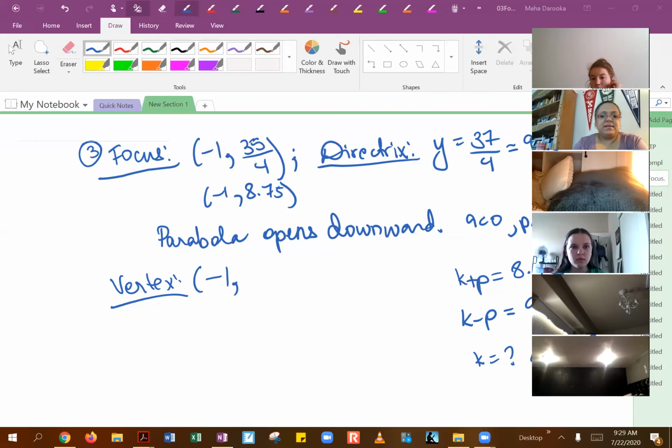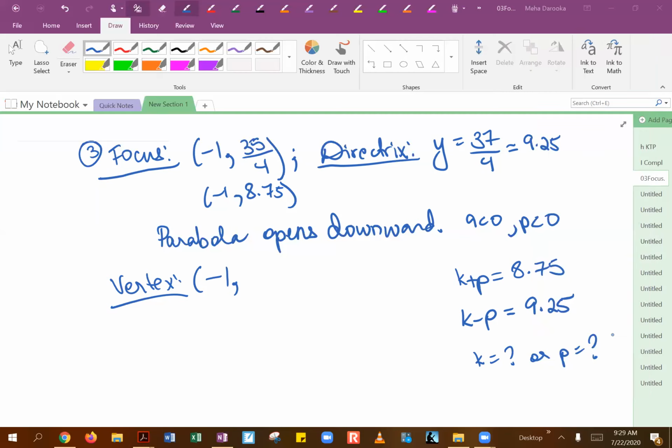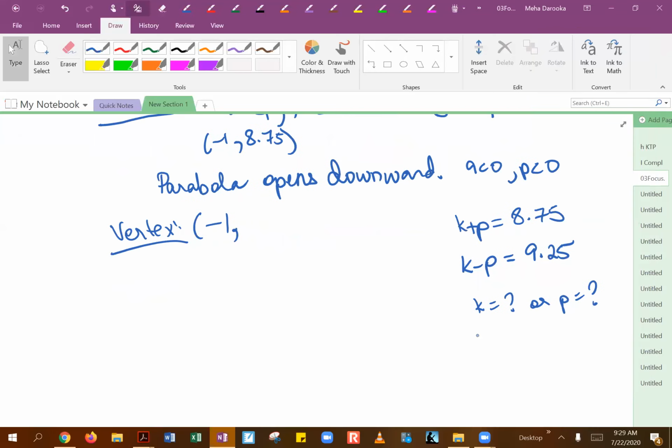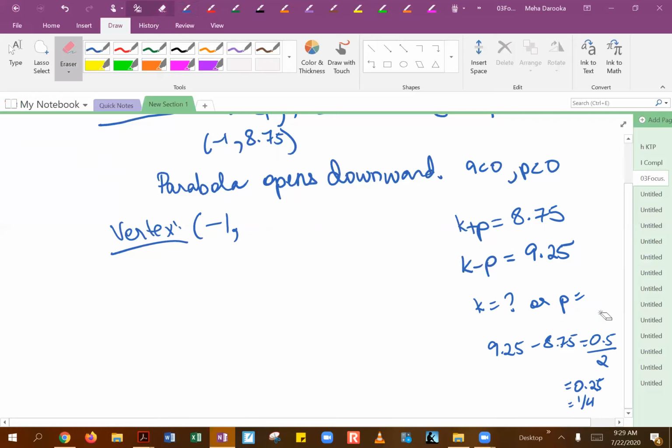Yeah, very nice, Meredith. And yeah, Morgan, you're giving me the K value. So if you just take the difference between 9.25 and 8.75, that will give you a difference of, of course, half, 0.5. And then when you divide that by 2, it gives you 0.25, or basically a quarter. So that tells you the distance between the vertex and the focus, or the vertex and the directrix, is basically 1/4.